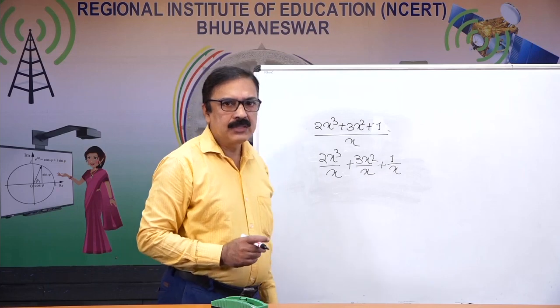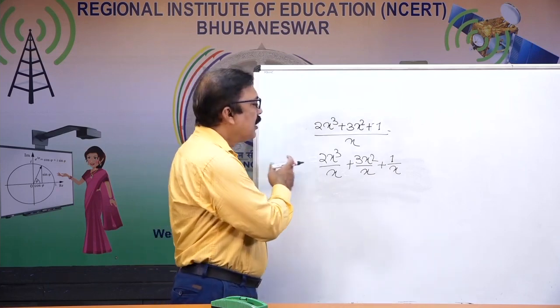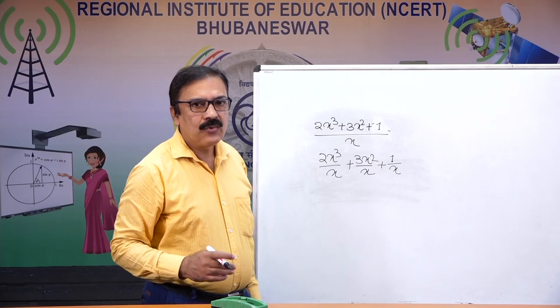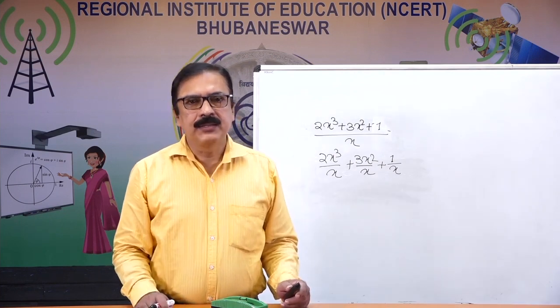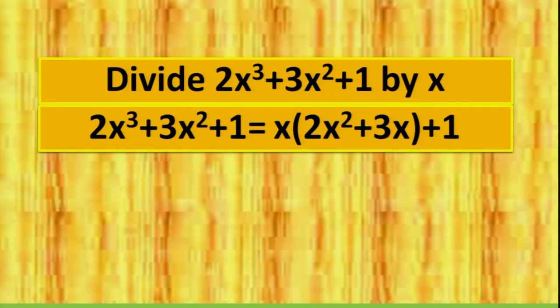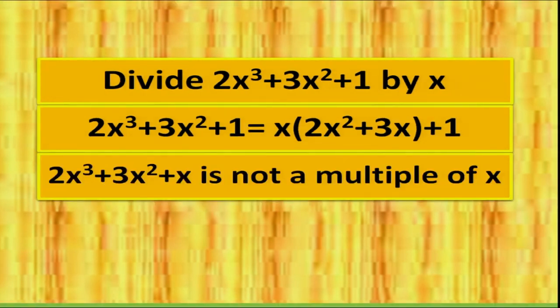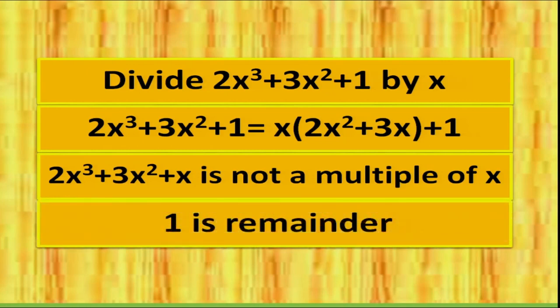No, it is not. So we cannot write it in this way. In this case, 2x cube plus 3x square plus 1 is the dividend, x is the divisor, 2x square plus 3x is the quotient, and 1 is the remainder. So 2x cube plus 3x square plus 1 is not a multiple of x, as we have a remainder 1.